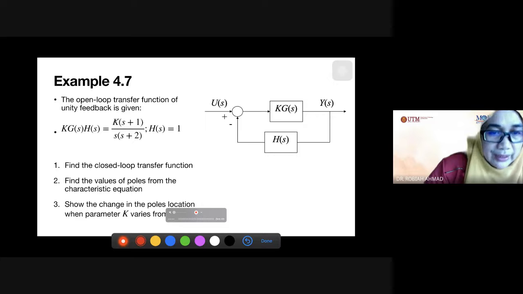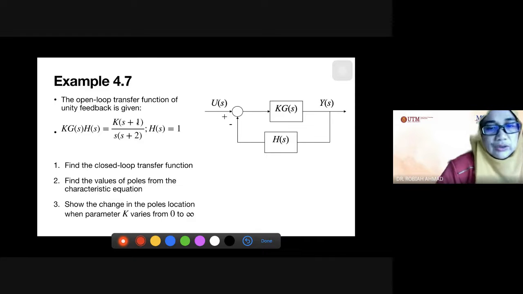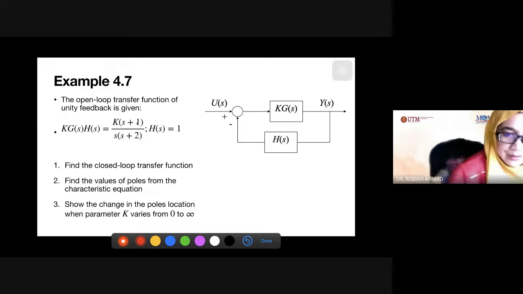So we have S times S plus 1, S plus 2. So lebih kurang je macam yang tadi, tinggal lagi dekat atas kita ada zeros. Okay, now find the closed loop transfer function of the system class.